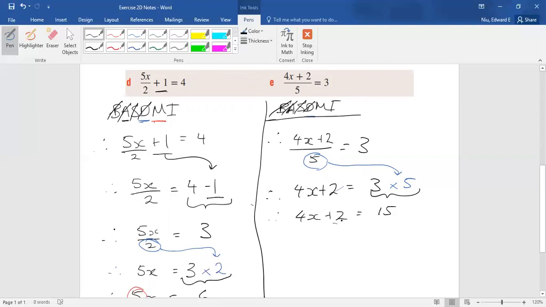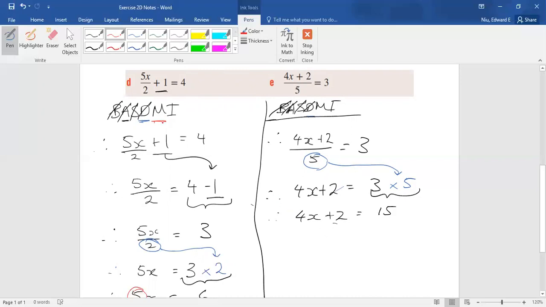All right. The plus 2 in linear equations always needs to be gone before we get rid of any multiplication and division.